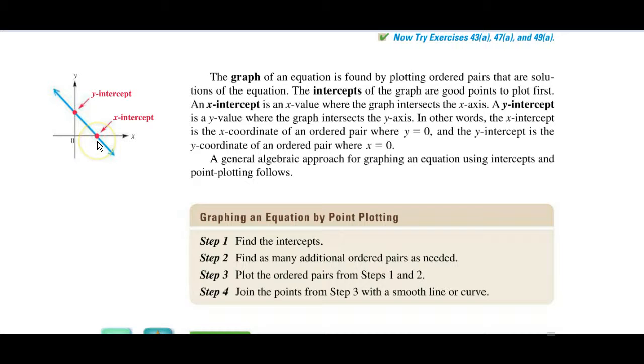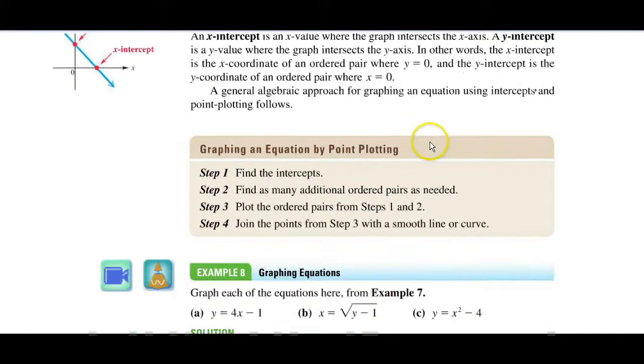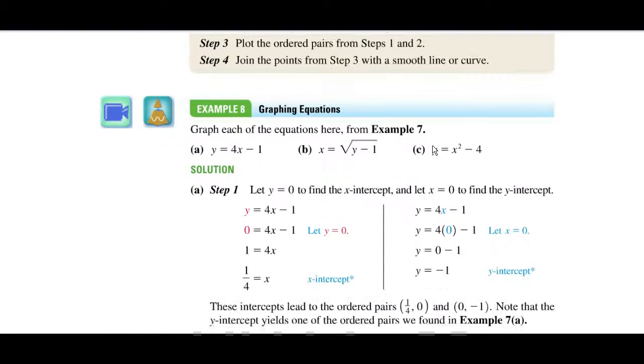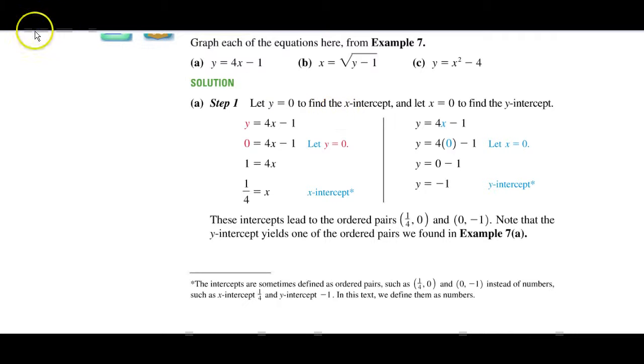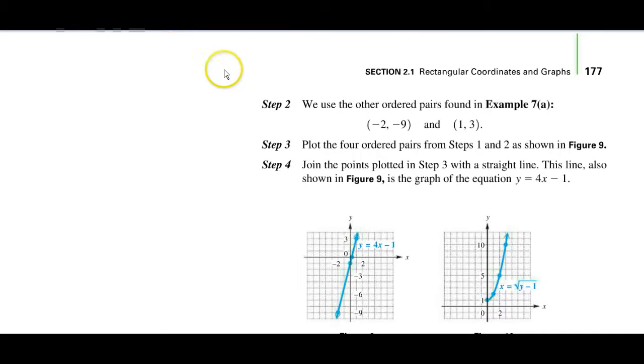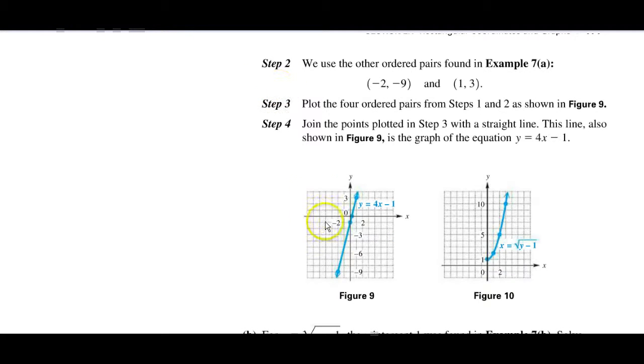If it crosses the x-axis, that's called the x-intercept. So now they're going to ask you to graph these equations based on the points that you got. And there's the first.